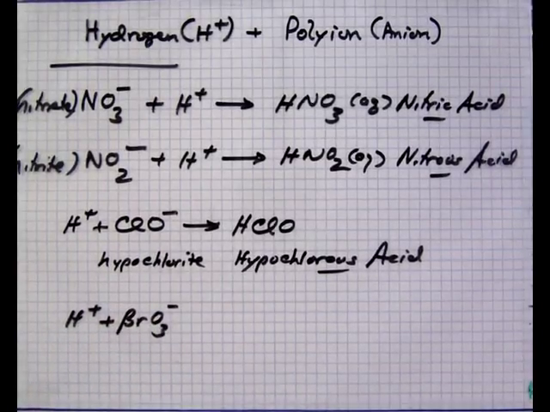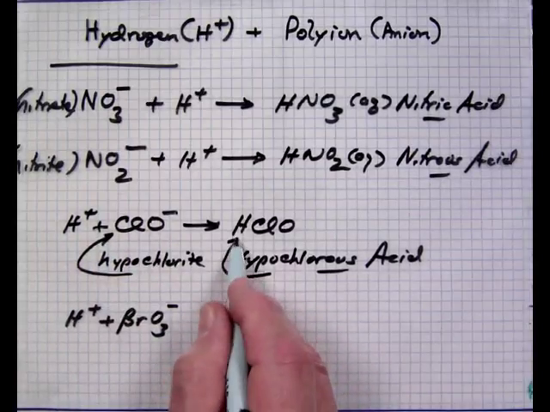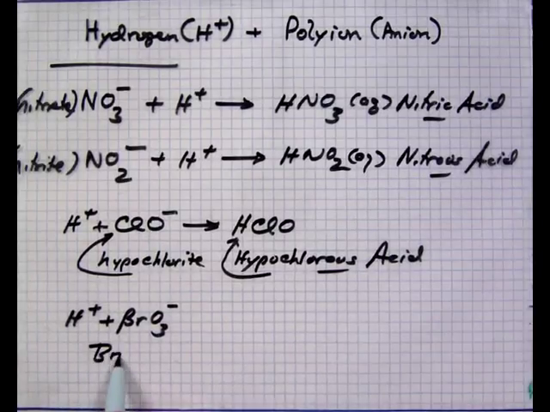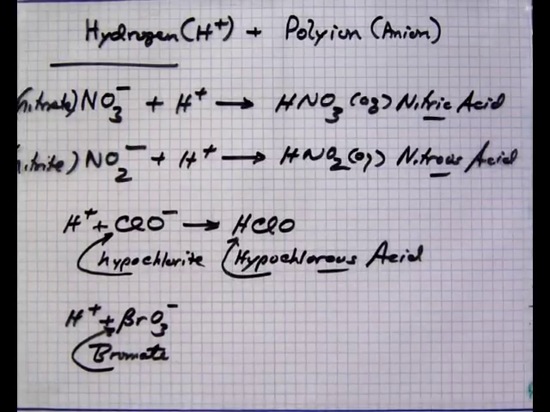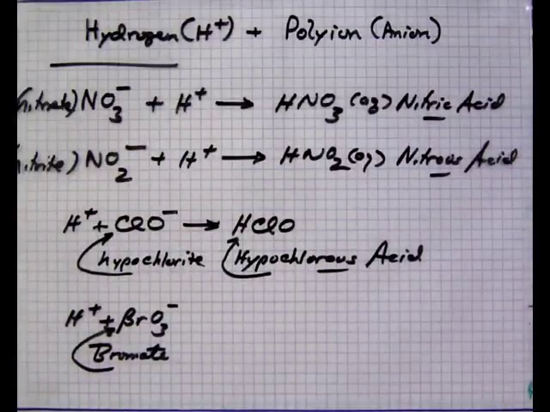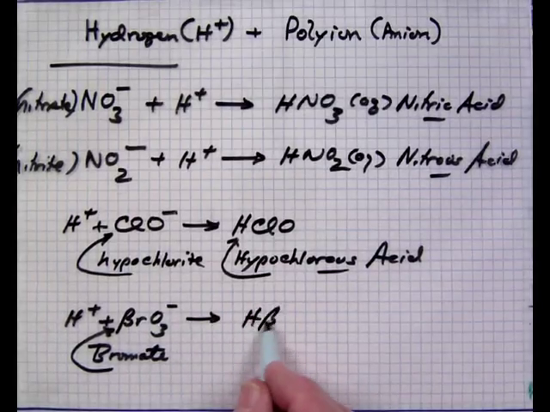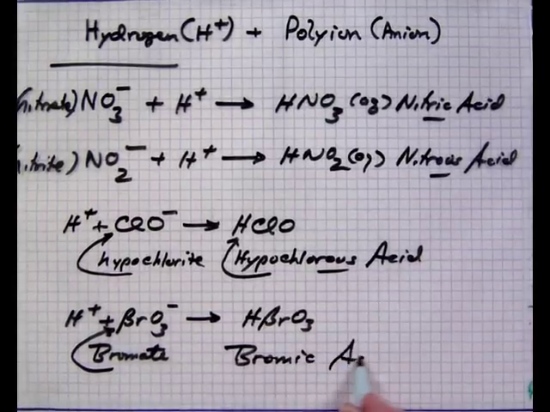And in the same context, if we had a BrO3 minus, just to kind of use the analogous series a little bit, this is a bromate ion right there. So looking at your flow chart and trying to remember, well, it's got an ATE ending. I want to change the polyion name to ic acid, and so this would be the formula, and it would be called bromic acid.